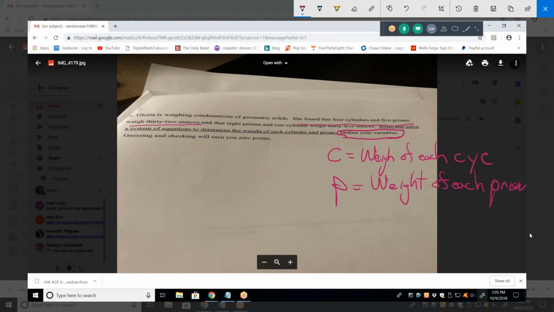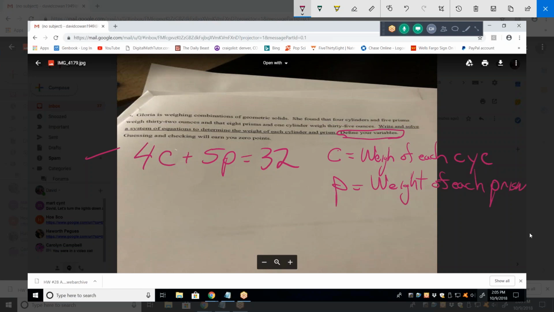Okay, so would it be like 4C plus 5P equals 32 ounces? There you go. Now, we can't solve that because that's 2 variables and only 1 equation. So, if we can get another equation, we'll be in good shape. Well, what's the next equation?